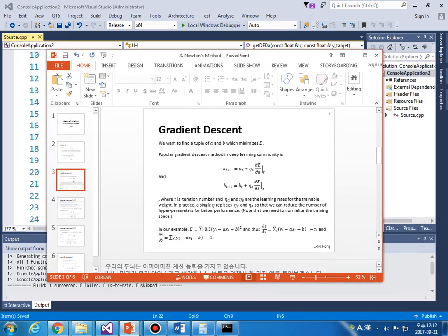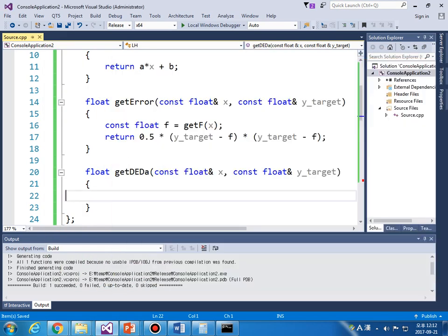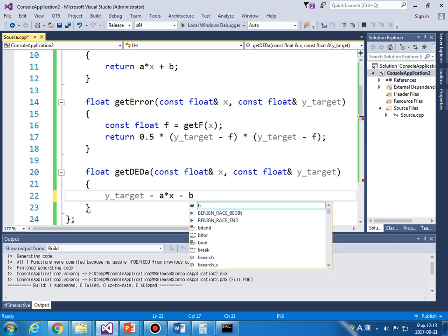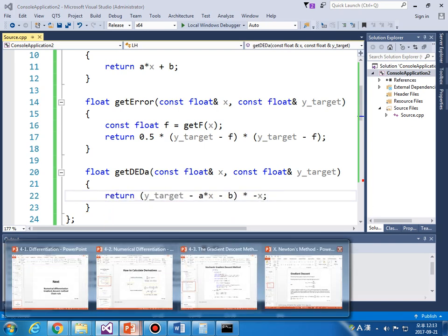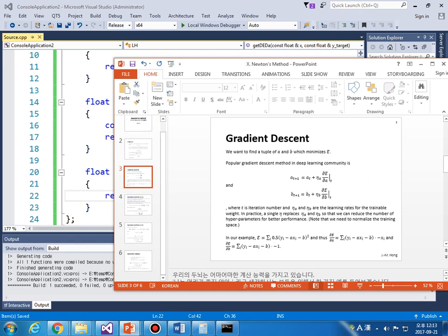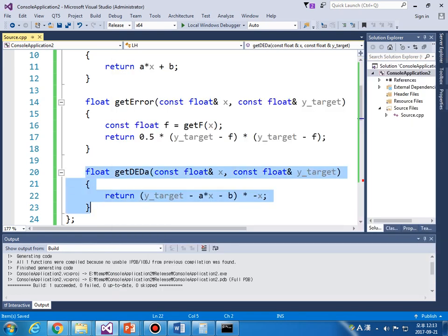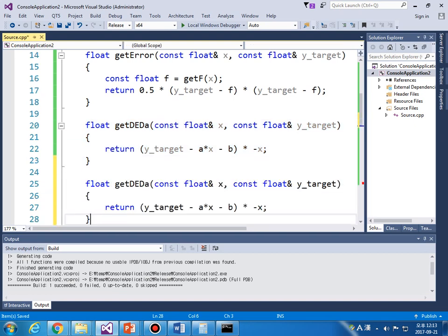So y target minus ax minus b, minus x, and minus 1 for the b.